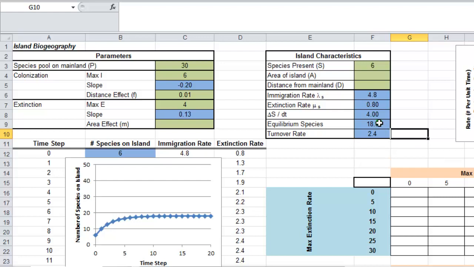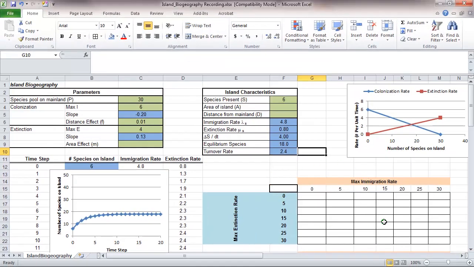To answer the question about how changes in the maximum immigration and maximum extinction rate affect our overall equilibrium number of species, we've set up a data table. And remember, the data table has a particular structure. We're going to feed in these values for the maximum immigration rate, and we're going to feed in these values into the maximum extinction rate.